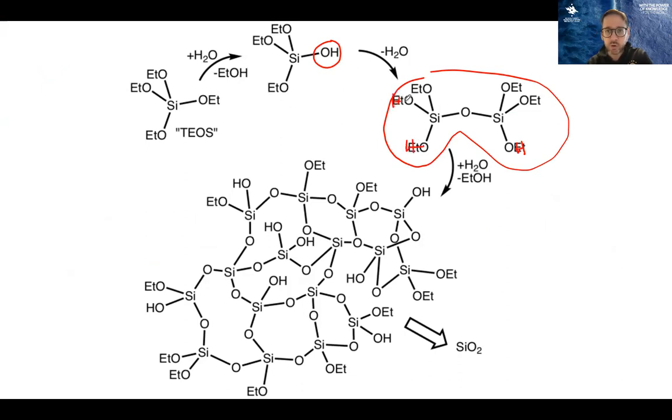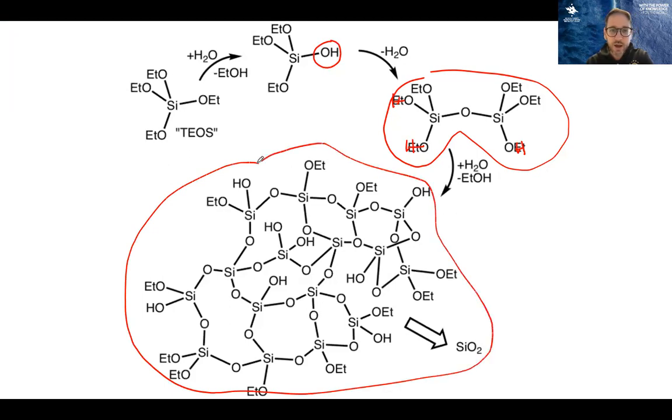All these neighboring hydroxyl groups can then condense with neighboring molecules, forming this polymeric network, or 3D network, containing oxygen atoms bridging two of the silicon species in this case. This is what ends up generating the oxide, for example, in the end.